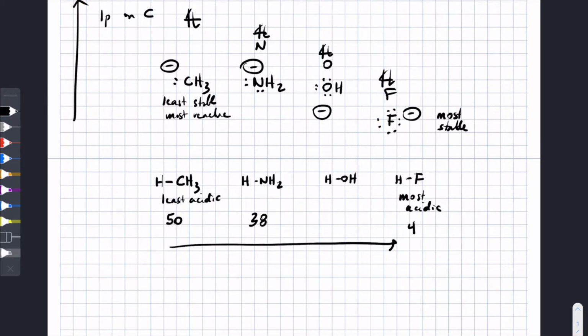You'll always have a pKa table to look stuff up on. For that NH bond, the pKa is about 38, so about 1 trillion times more acidic than methane. Water is 10 to the 22 times more acidic than NH3, and so on. So that follows our electronegativity trend.